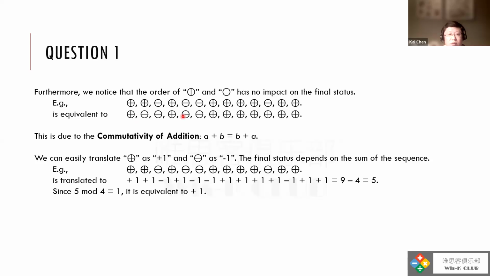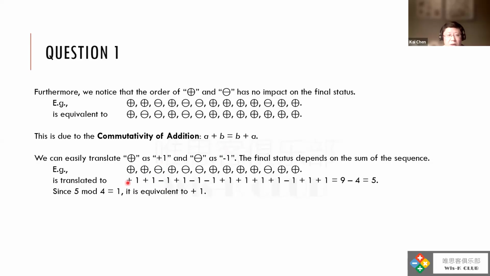That's called commutativity of addition, because for addition, A plus B is B plus A, right? So that's the same. You can always change the order. So from this sequence, we can also write plus as plus 1, and minus as minus 1.